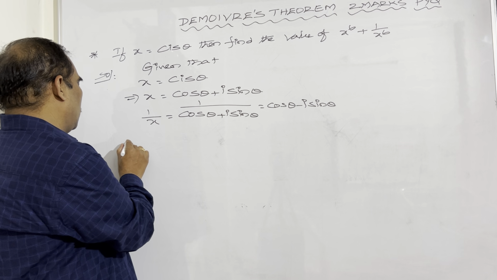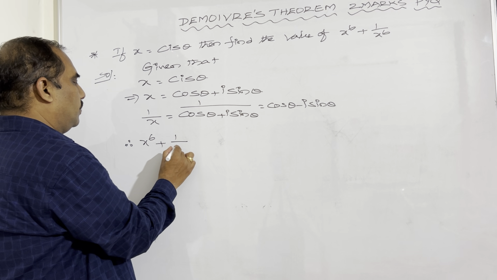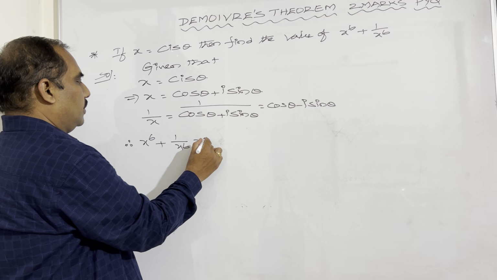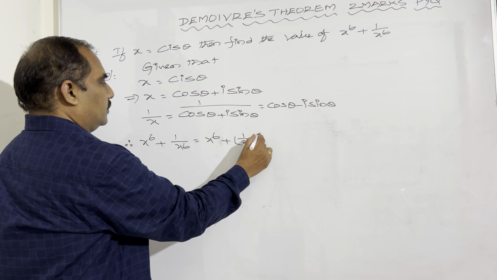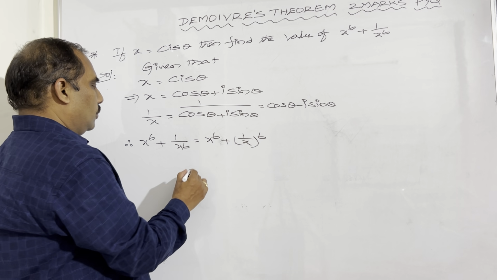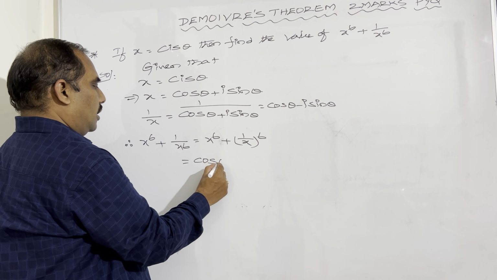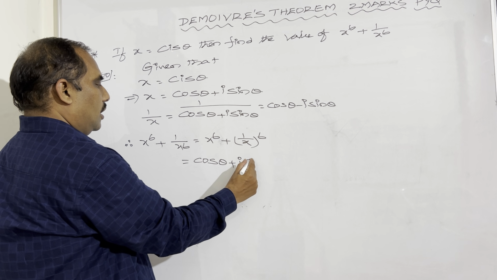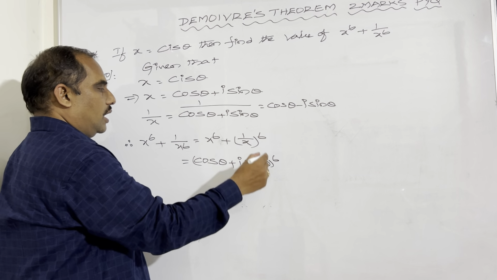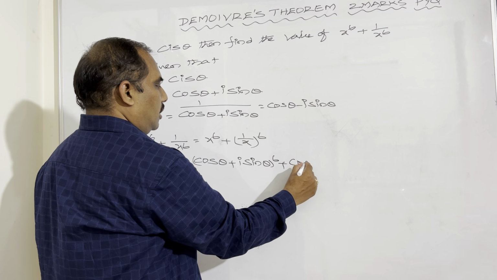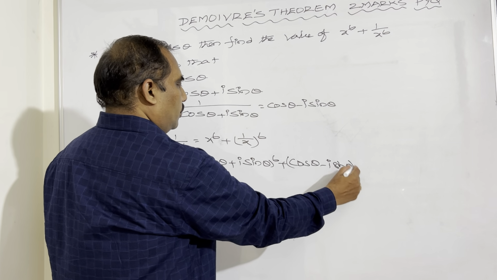Therefore x to the power of 6 plus 1 by x to the power of 6 can be written as x power 6 plus 1 by x whole to the power of 6. So x is (cos theta plus i sin theta) whole to the power of 6, and 1 by x is, so plus (cos theta minus i sin theta) whole to the power of 6.